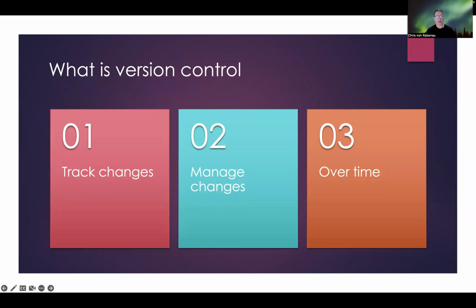Can I revert if I want to, or can I control where I'm working from? And the third aspect is over time. Can I see those changes over time? Can I manage those changes over time? So version control gives you the power to decide where your work comes from or where it's going, right?